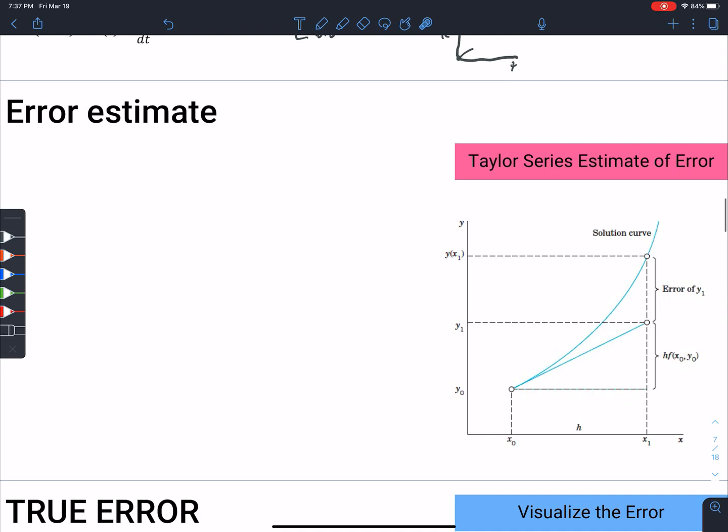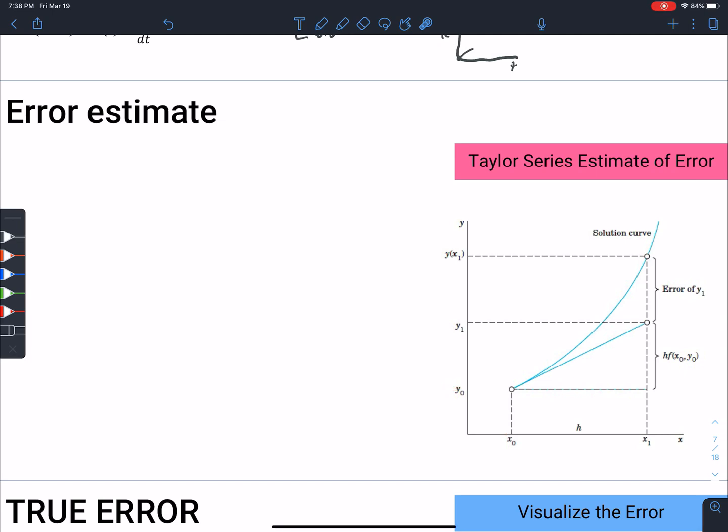So let's talk a little bit about the error estimates for Euler's method, right? Which is the simple method. So all we're doing with Euler's method is we're given some initial time value, in this case it's an x variable, right? And we're given this point.